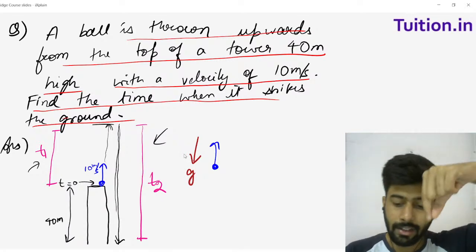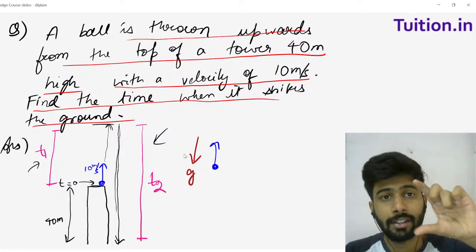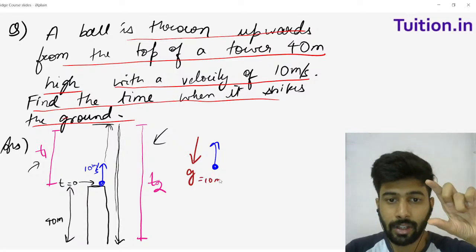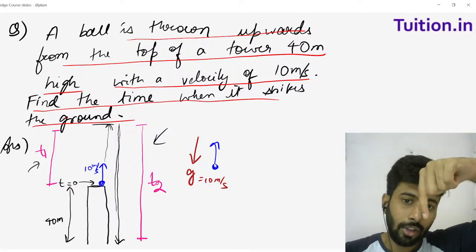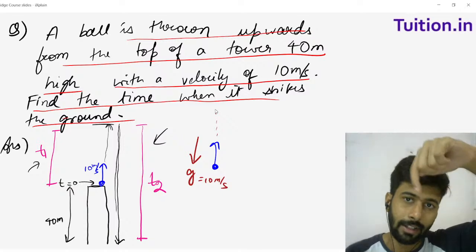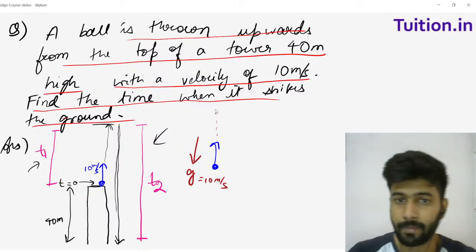Correct? Gravity, which results into acceleration due to gravity, g, which is 10 meters per second squared, is continuously acting down. Your object is going up only all the time, but gravity is acting down all the time.